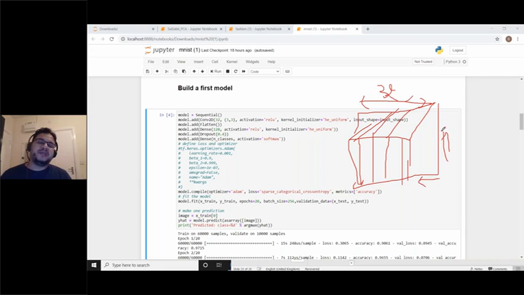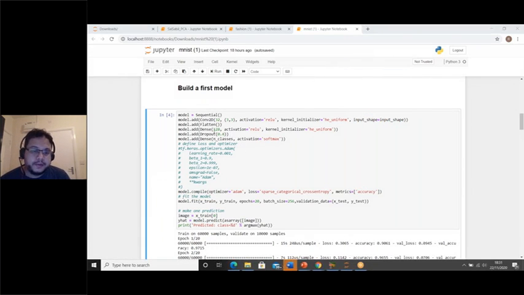So we need to make them into one single array. Flatten just means we transform the 3D output into a one-dimensional array. And then we connect it to what? By the way, we didn't use max pooling. It's one of the simplest networks. Then we have here a dense layer. What is it? Tell me.